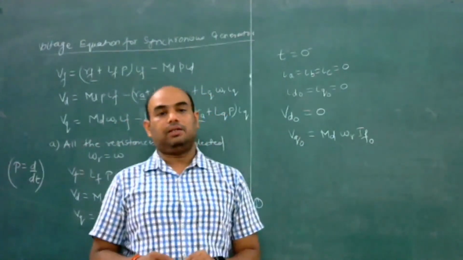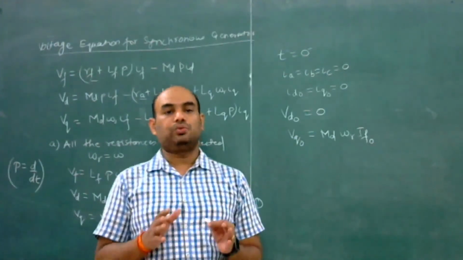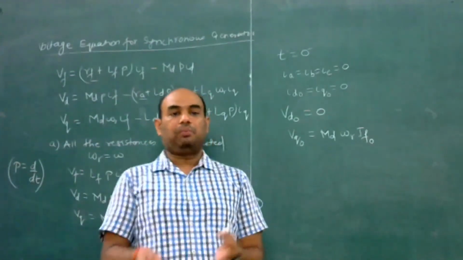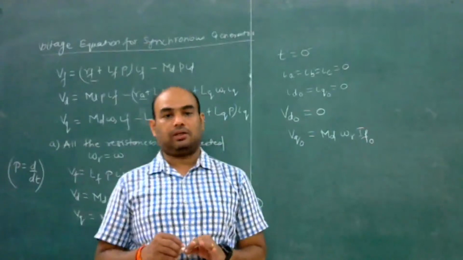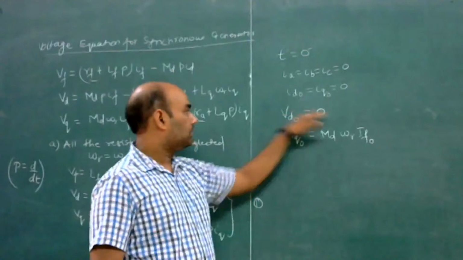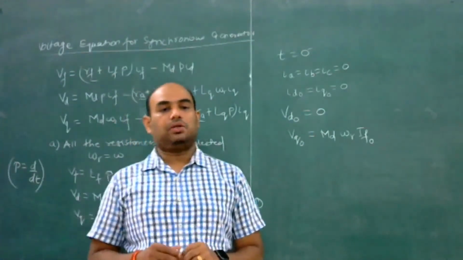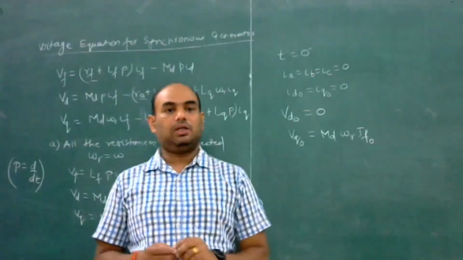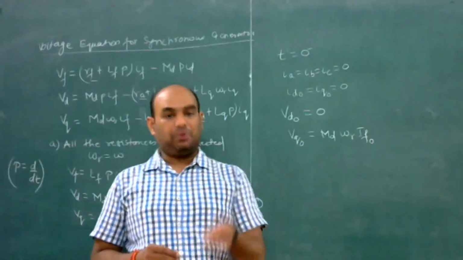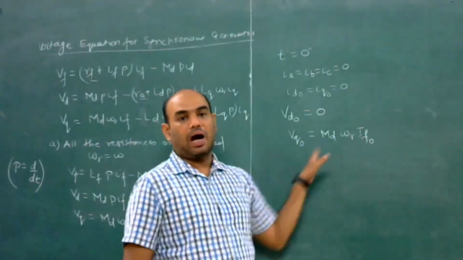The effect of short circuit is to reduce the generator terminal voltage to 0. Hence, Vd naught will be equal to 0 both before and after the short circuit. Therefore, short circuit current has no effect on Vd. And voltage Vq will be equal to 0 after the short circuit, but before the short circuit it is equal to Md omega r into If naught.